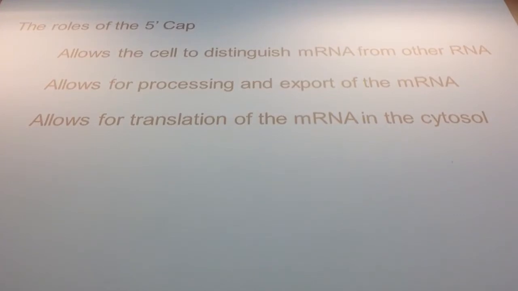So if you have a cap, then initiation of translation occurs. If you don't have a cap, then you don't have the initiation of translation. That boils down to that. That's the fourth. And there's one more thing, but we'll talk about it later when we talk about regulation.